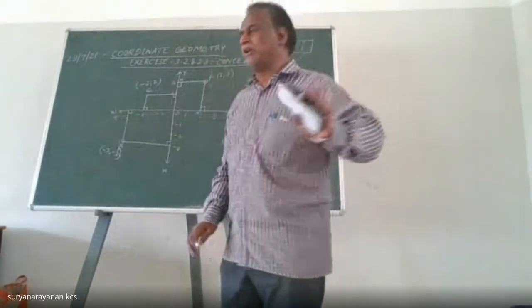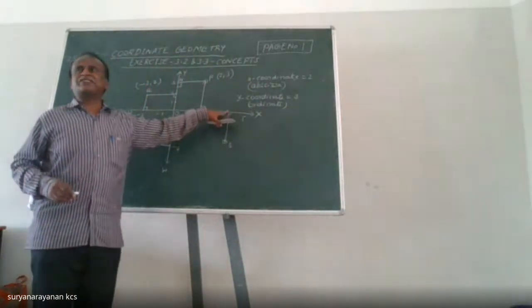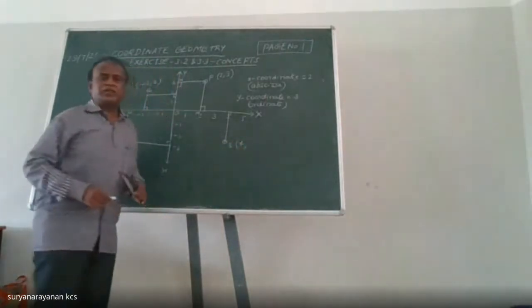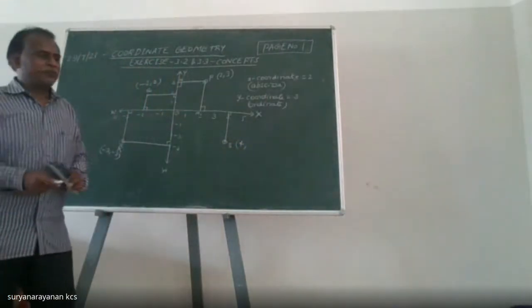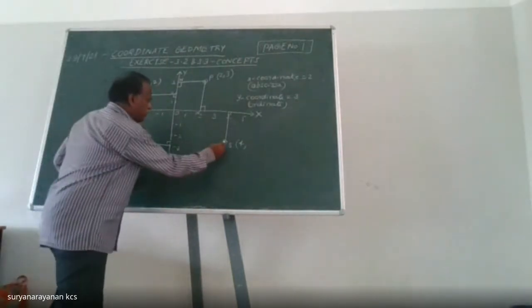Okay, ma'am. It's okay. So here this perpendicular line meets the x-axis at 4. So the x-coordinate of this point is 4. To find the y-coordinate of this point, draw a perpendicular line.